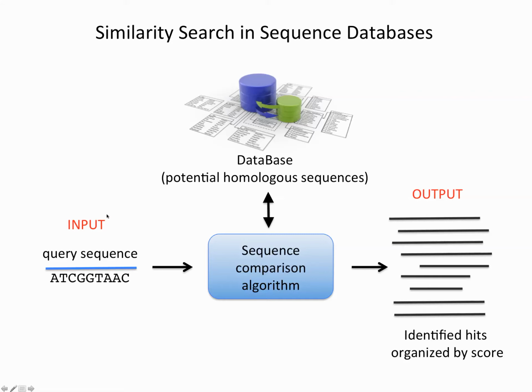As input, we have the sequence to be investigated. We need an algorithm to perform the comparison of the input sequence with the sequences stored in the database, and an output where we obtain the results of the sequences that match or are similar to the query sequence.